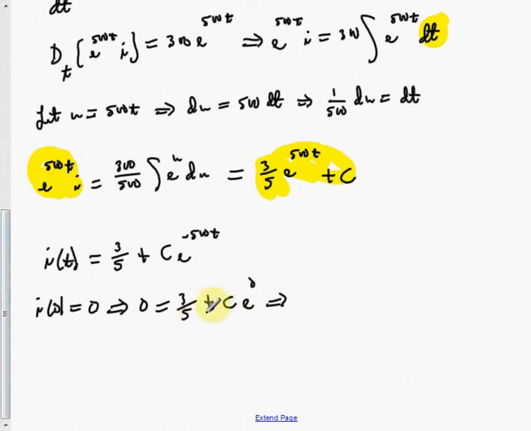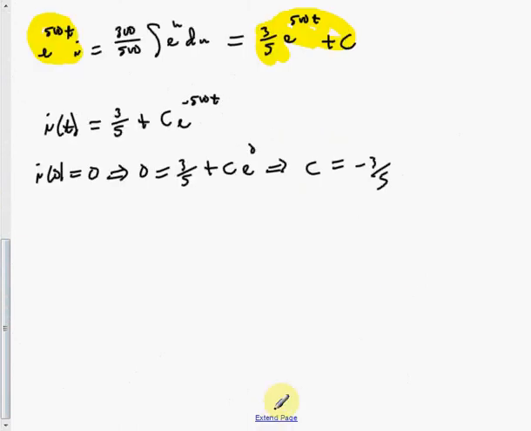And you get from here that c is equal to negative 3 over 5. So I of t is equal to 3/5 minus 3/5 times e to the negative 500t. Now deduce Ohm's law by taking the limit of the current.